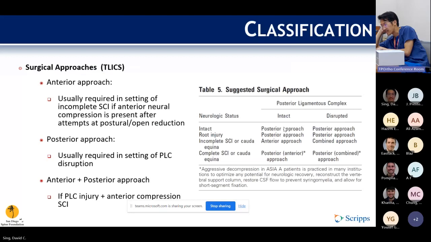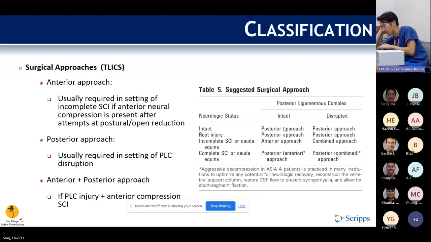In terms of guiding the approach, the idea is that looking at the posterior ligamentous complex injury may be helpful in telling you whether or not you have to go from the back, but usually you're trying to see where the compressive element is. If it's more so coming from the vertebral body, it generally requires an anterior approach. If it's just the posterior instability, then you might be able to just do it from the back.